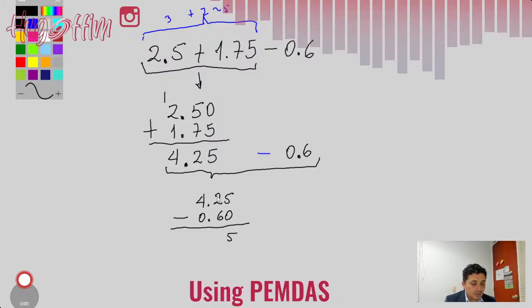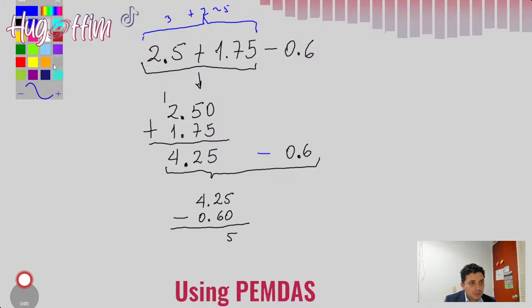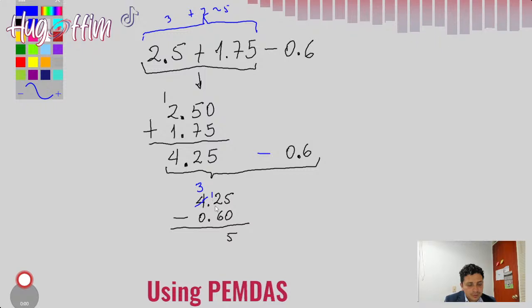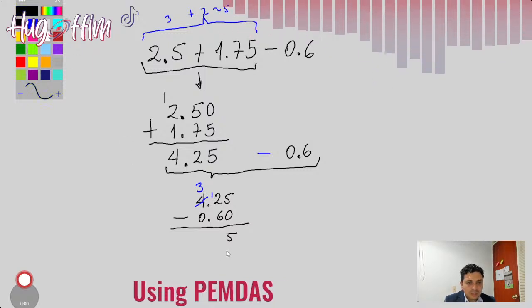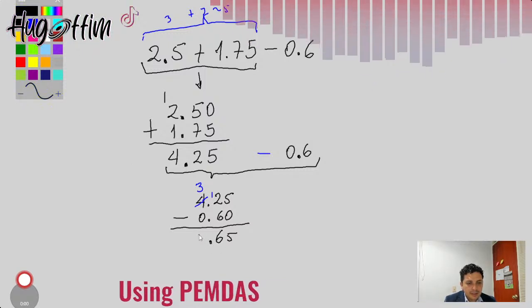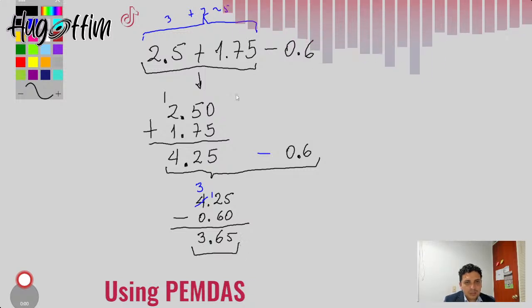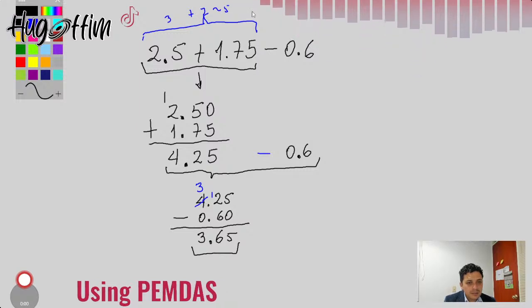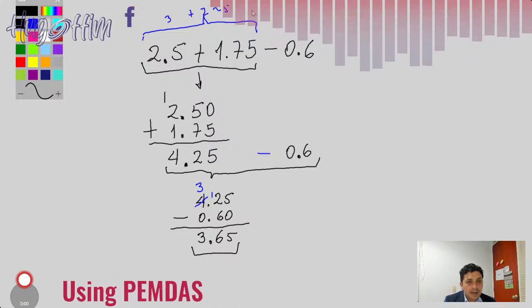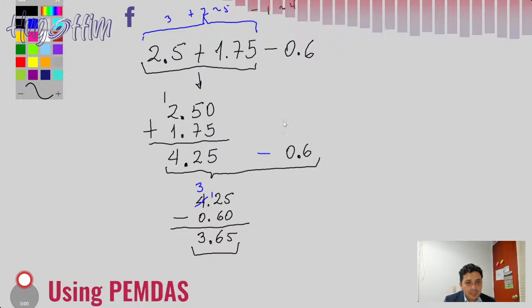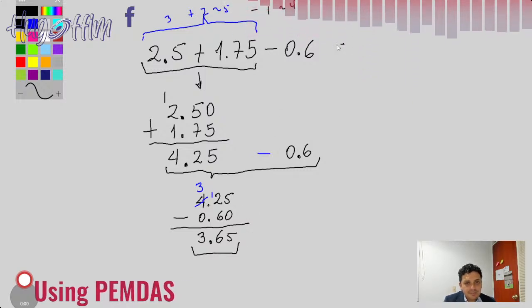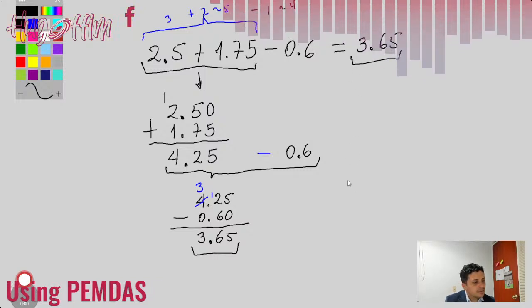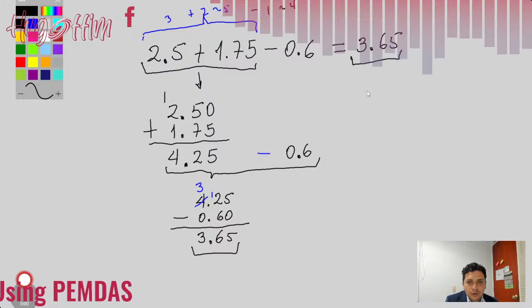I cannot subtract 6 from 2, so I'm going to carry 1 to give 12 minus 6, that is going to be 6, and here is going to be 3. Look at that, this is 5, this is kind of 1. So the answer must be 5 minus 1, that is around 4. Okay, so 3.65. This is how you can operate.